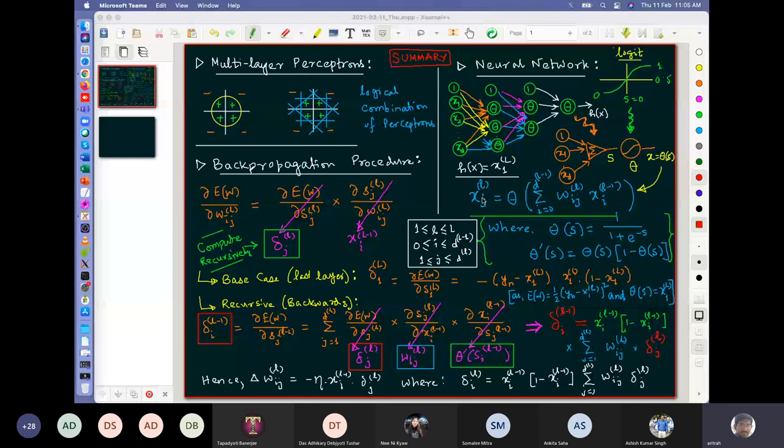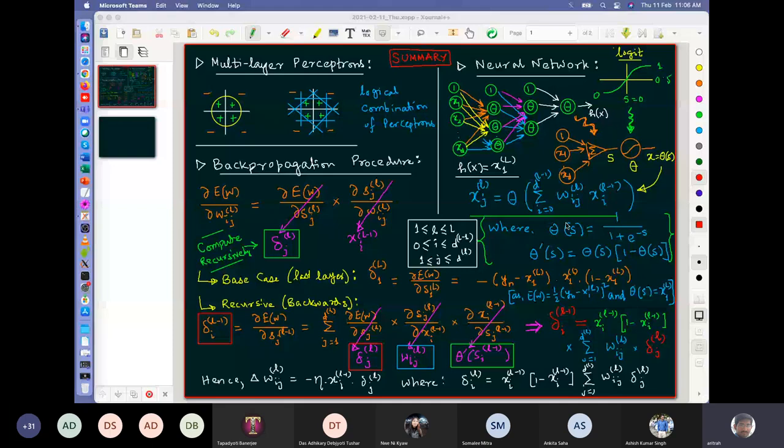So every unit, the jth unit at layer L, has output given by x_j superscript L, which is theta passed over the sum it gathers from all the inputs coming from layer L minus 1, the ith block in layer L minus 1. There are d_{L-1} of them. I sum it over and pass it to the logistic function of that particular node in layer L. So every layer has this functionality.